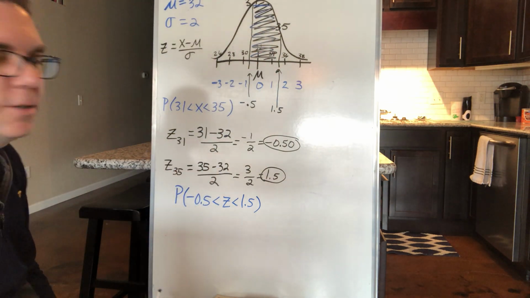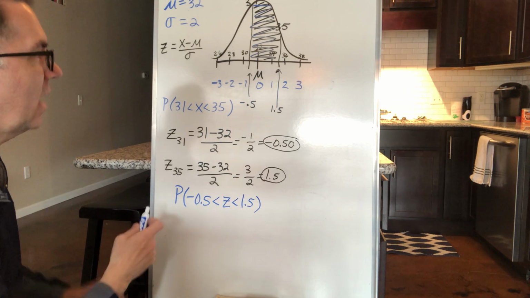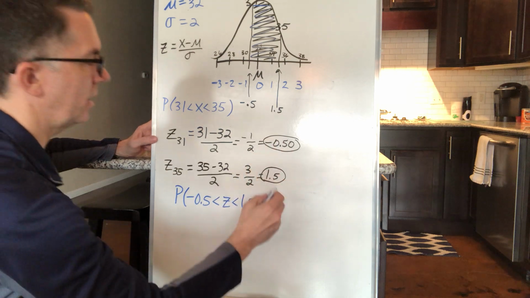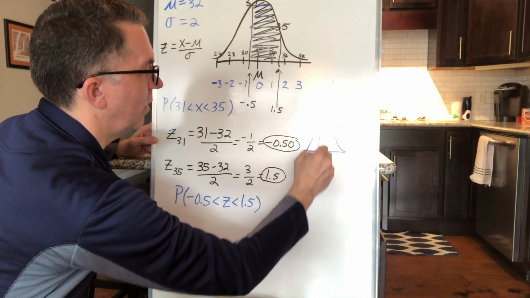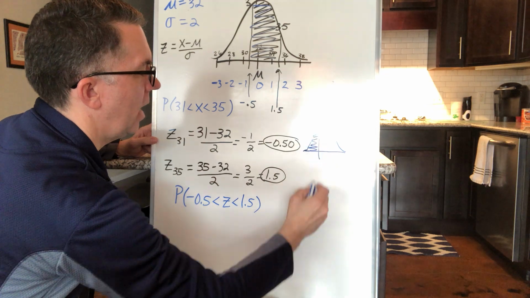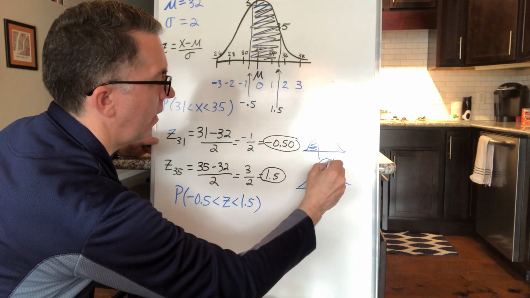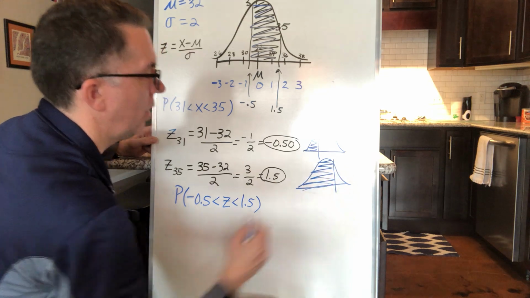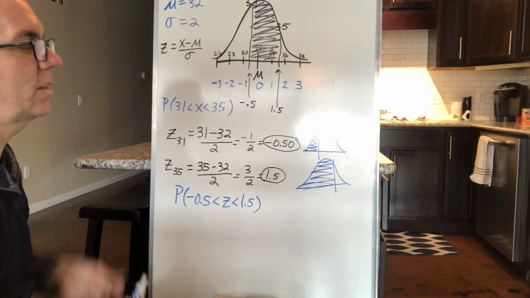All right, so we're going to find 2 separate ones. We're going to find the probability for negative 0.5, so that's going to give us this much. And then we're going to find the probability of 1.5, and that's going to give us all of that. So we'll take the larger minus the smaller, and it gives us what's in between.